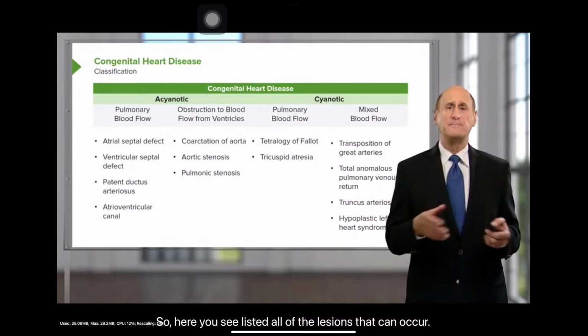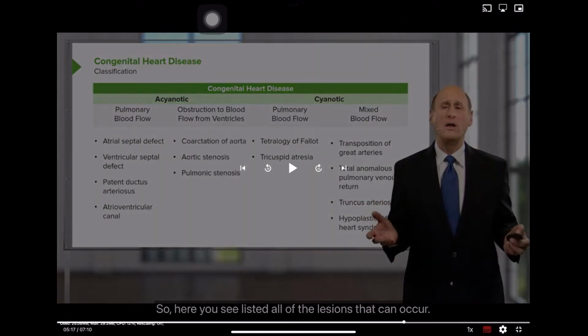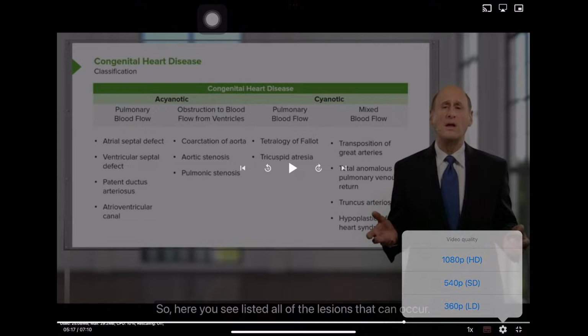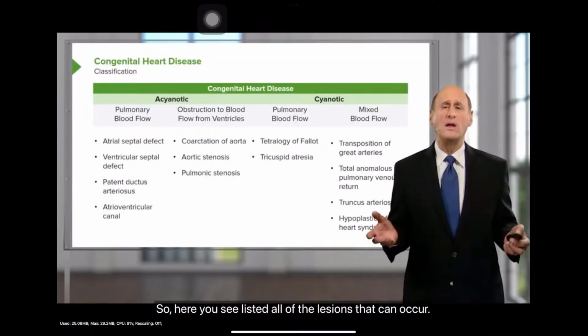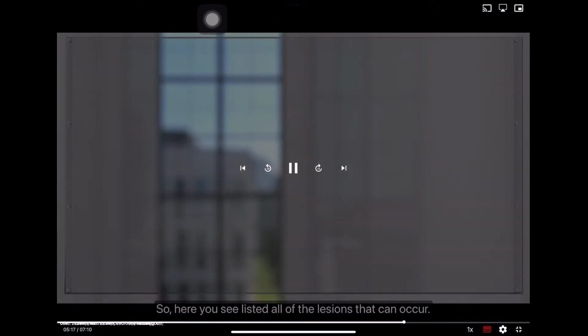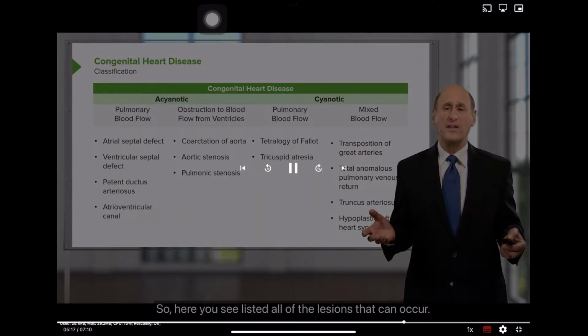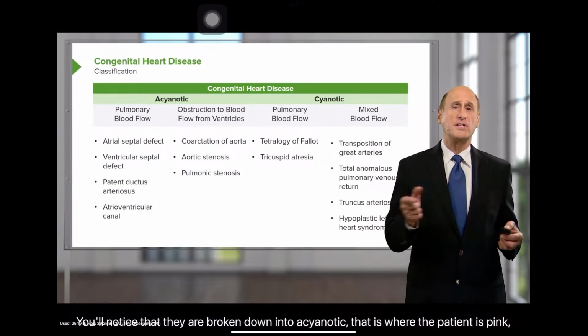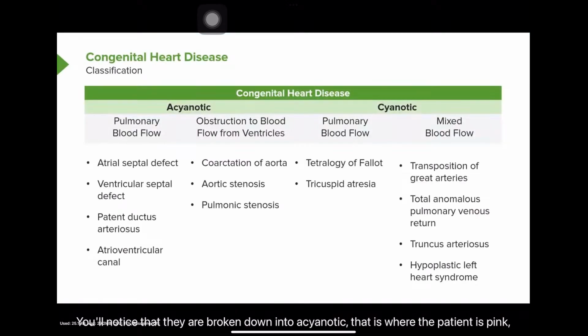So here you see listed all of the lesions that can occur. You'll notice that they're broken down into acyanotic, that is where the patient is pink, and cyanotic, that is where the patient is blue.